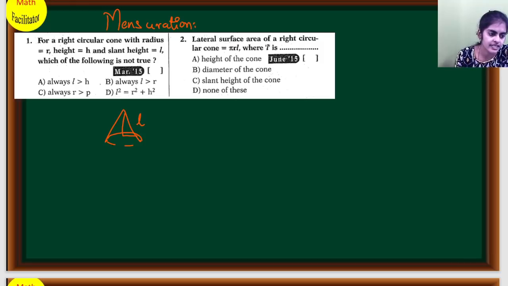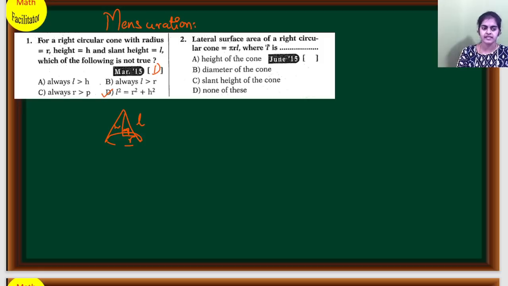So always L is greater than R, always L is greater than H. What is the correct statement here? L square equal to R square plus H square. This is correct because L is greater than R, L is greater than H. These two are correct, but there is no option saying A and B. So this one, this is a right angle triangle. You can use Pythagoras here. This is H and R.